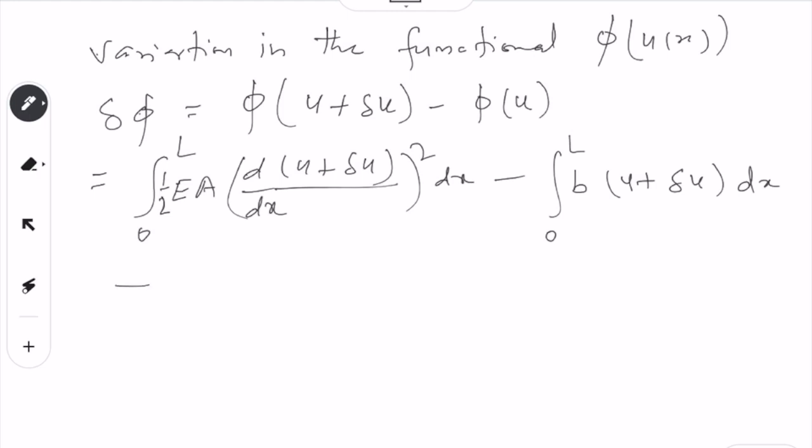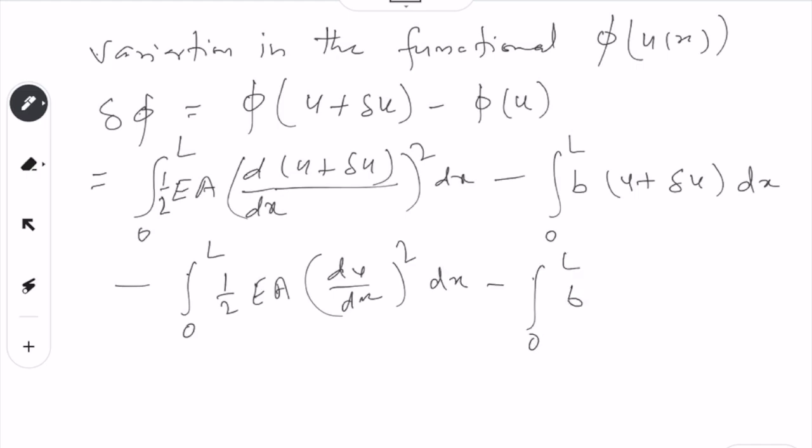Then we will have minus integral from 0 to L of half E A (du/dx) squared dx minus integral from 0 to L of b u dx.